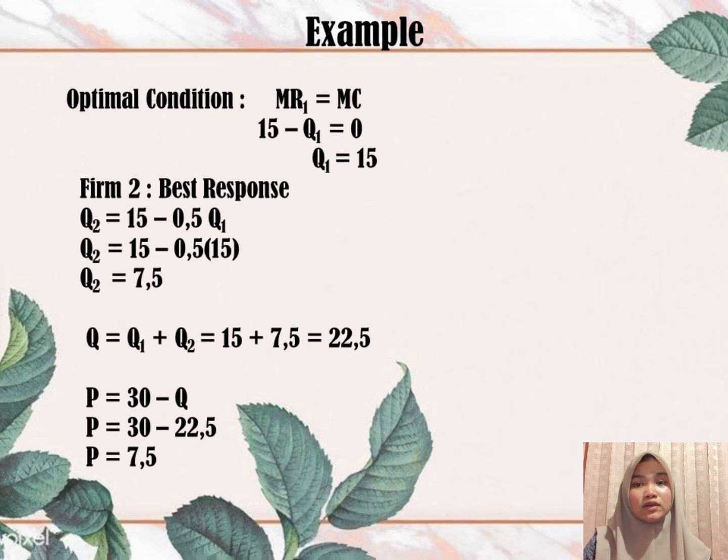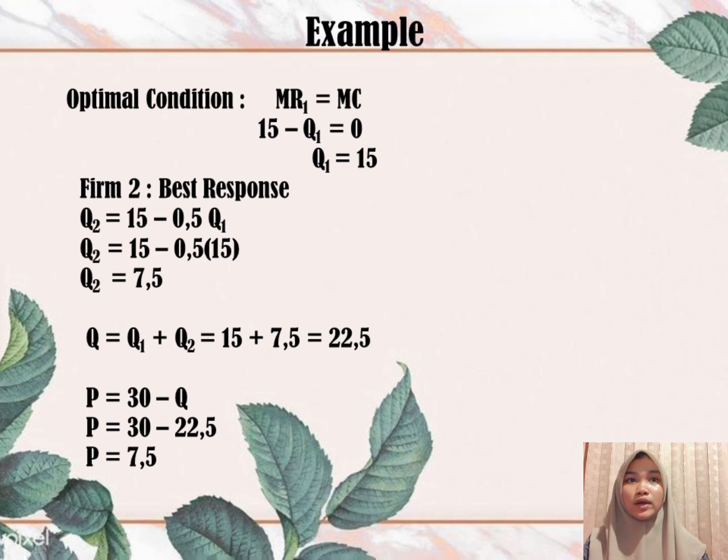And then after we got the Q1 and Q2 values, we can substitute into our key equation, which is Q1 plus Q2 equals 22.5. So for the price, we can substitute the Q into our P equation, and we get our price equals 7.5.